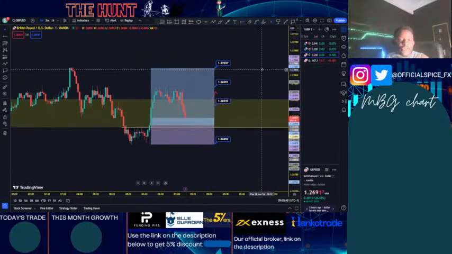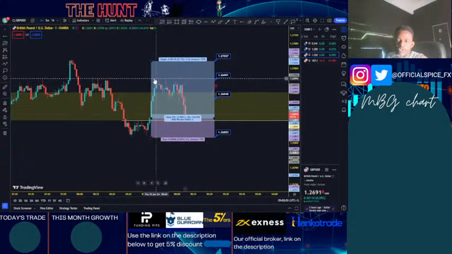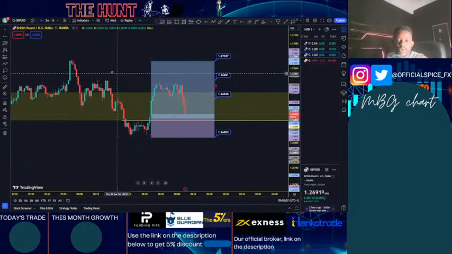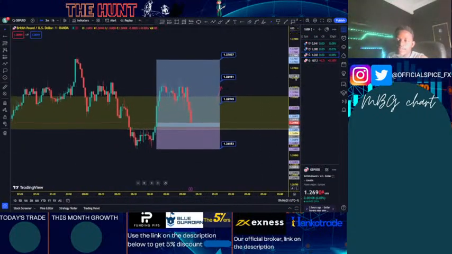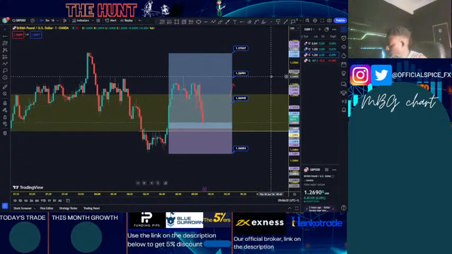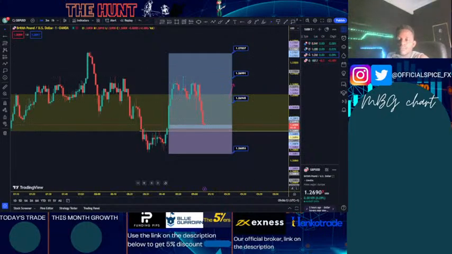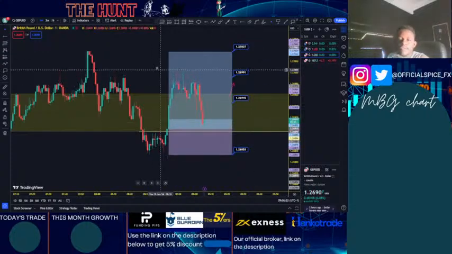We've taken our money off of this trade. We are on a risk-free trade right now. We've closed majority of our position at 1 to 2 risk to reward. So there's nothing here anymore. Nothing on this trade anymore.